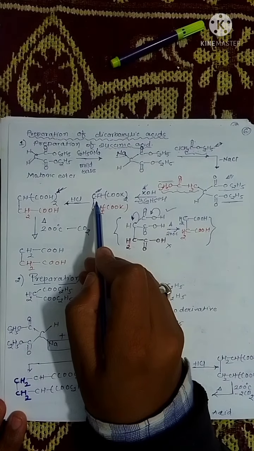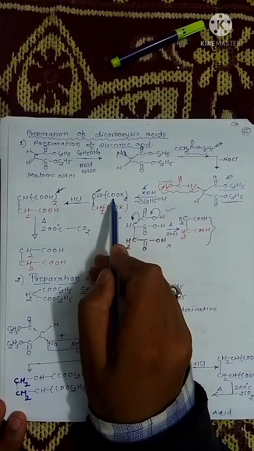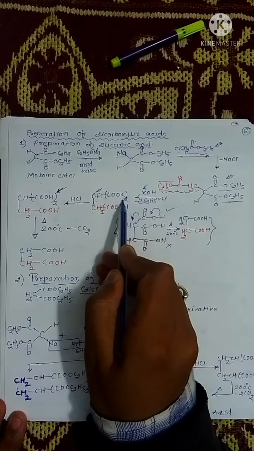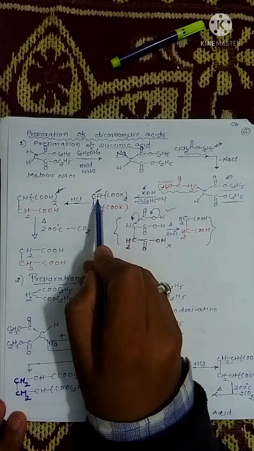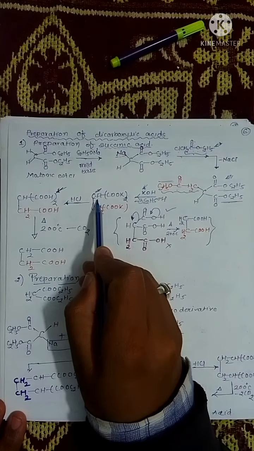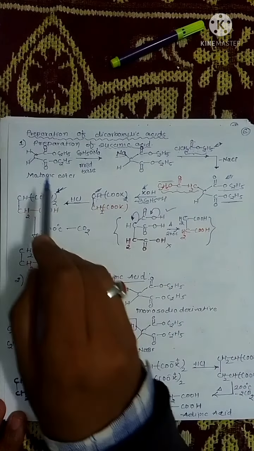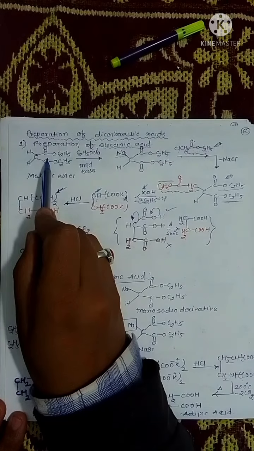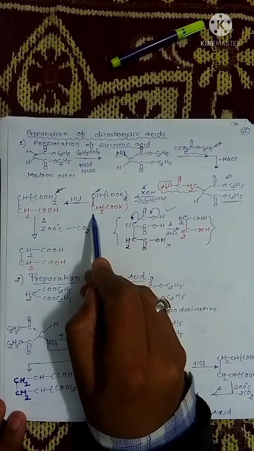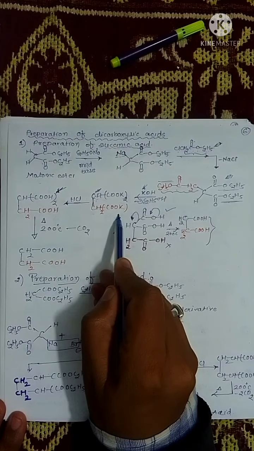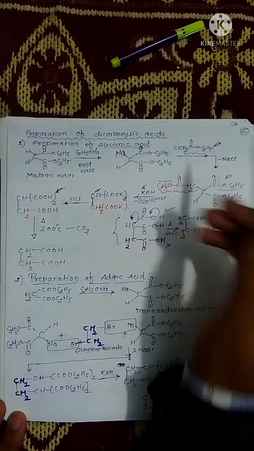Note the structure of this compound, that is CH-COOK in brackets divided by 2. This part shown by blue pen is the part from the malonic ester, while the part shown in red pen comes from the reagent.